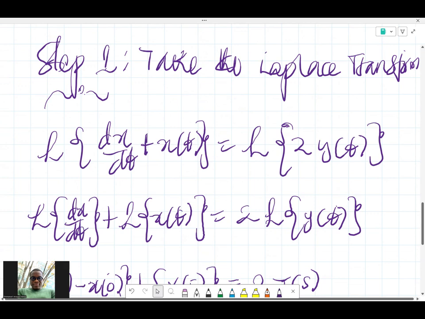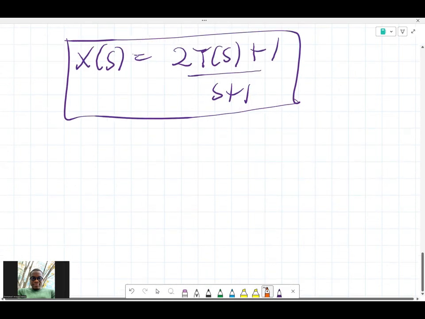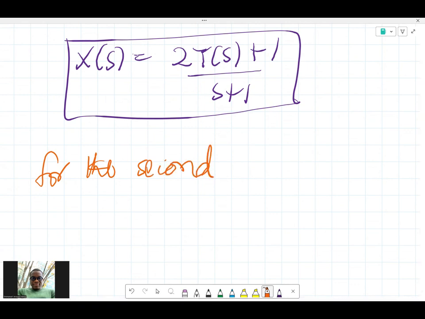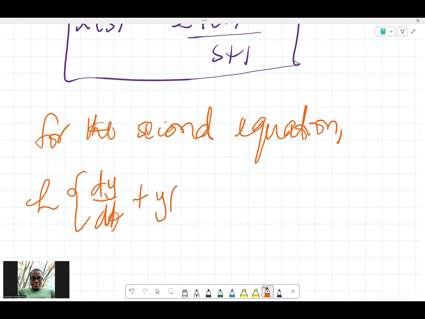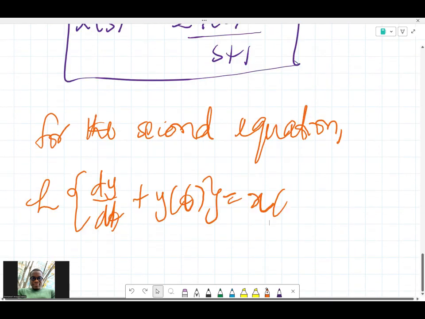For the second equation, it's a system and they are joined together. So we have the Laplace of dy/dt plus y(t) equals x(t), which equals the Laplace of x(t).